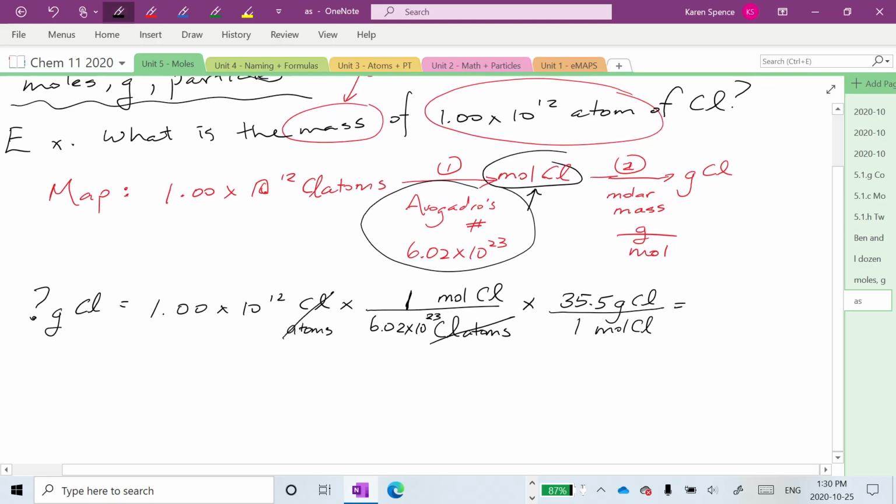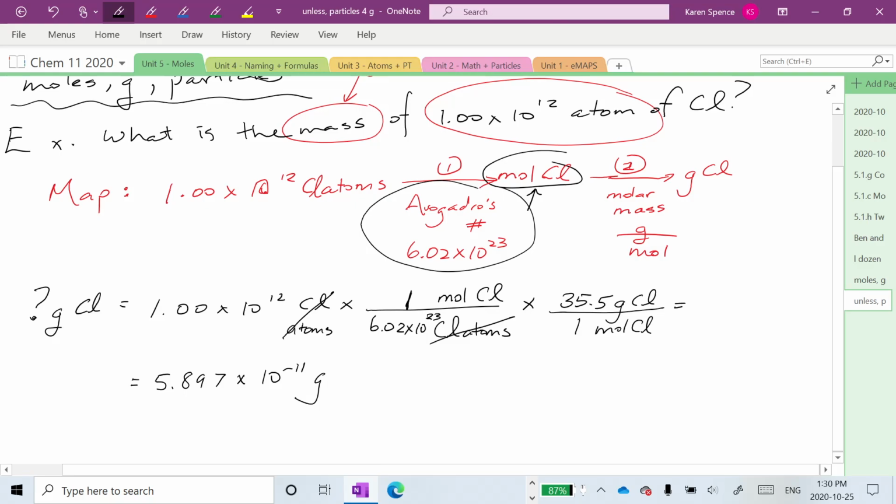We do that, and we get 1 times 10 to the 12 divided by 6.02 times 10 to the 23 times 35.5, which is 5.897 times 10 to the negative 11. And my unit is grams.